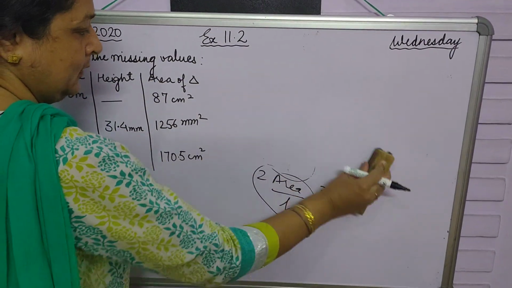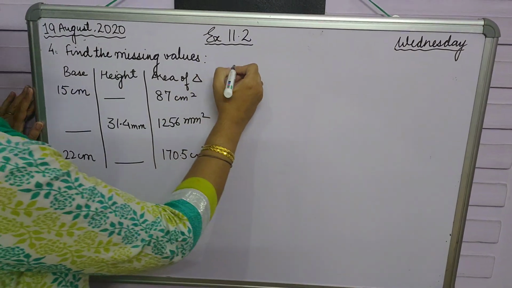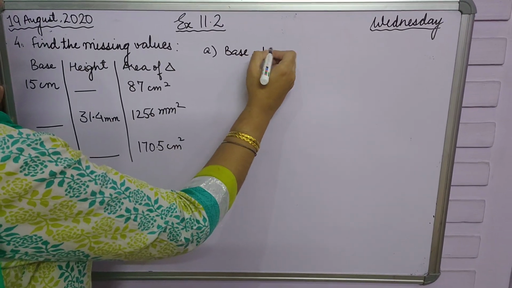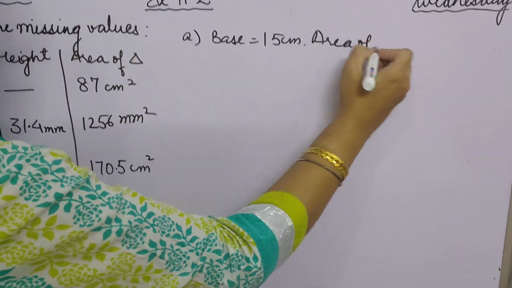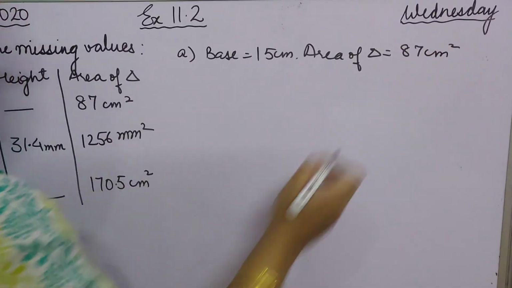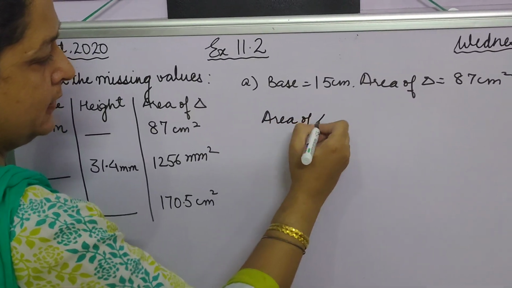So now let us start with the first part. In the first part, we are given base equal to 15 centimeter and area of triangle equal to 87 square centimeter. Now what is the formula for area of triangle?